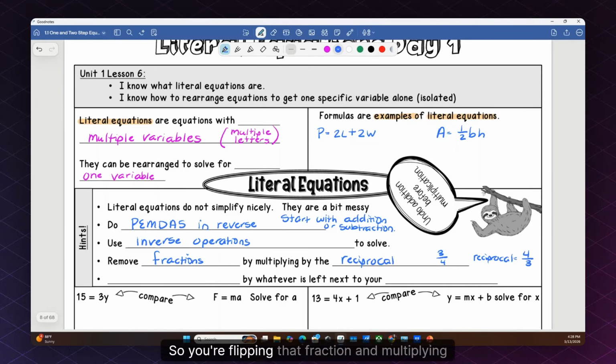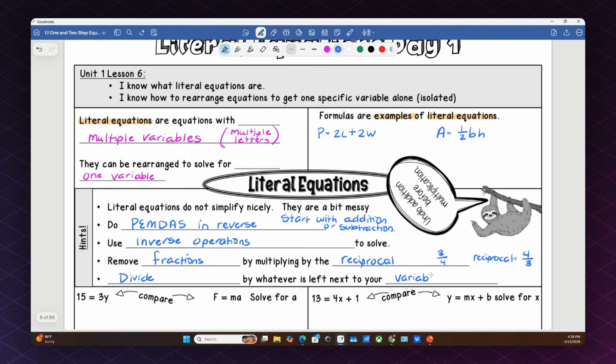So you're flipping that fraction and multiplying it by the flipped fraction. And then we're going to divide by whatever is left next to the variable you are trying to find.